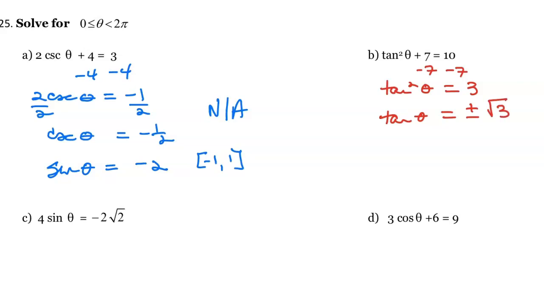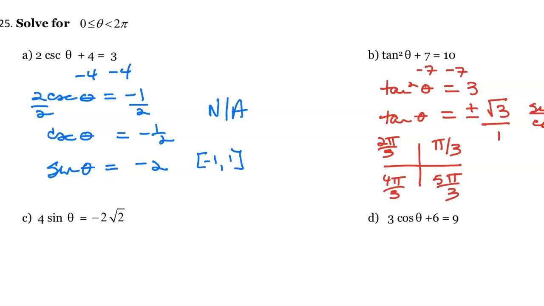Since tan is sine over cosine, you're going to look for a first quadrant angle that has a sine of √3/2. That's pi/3. You need 4 angles. Your angles will be pi/3, 2 pi/3, 4 pi/3, 5 pi/3, and we are done.